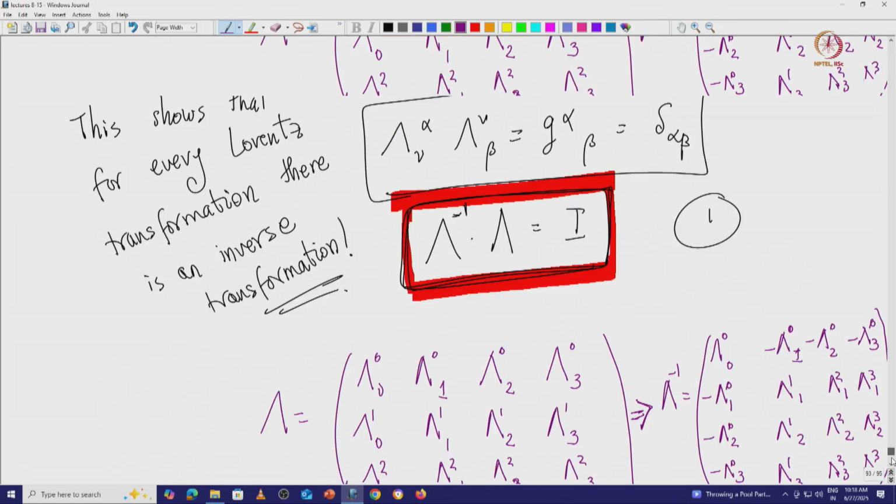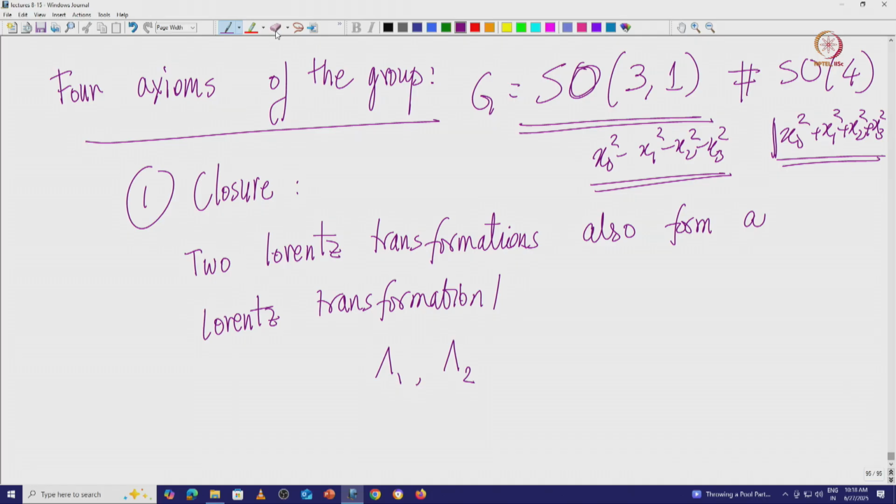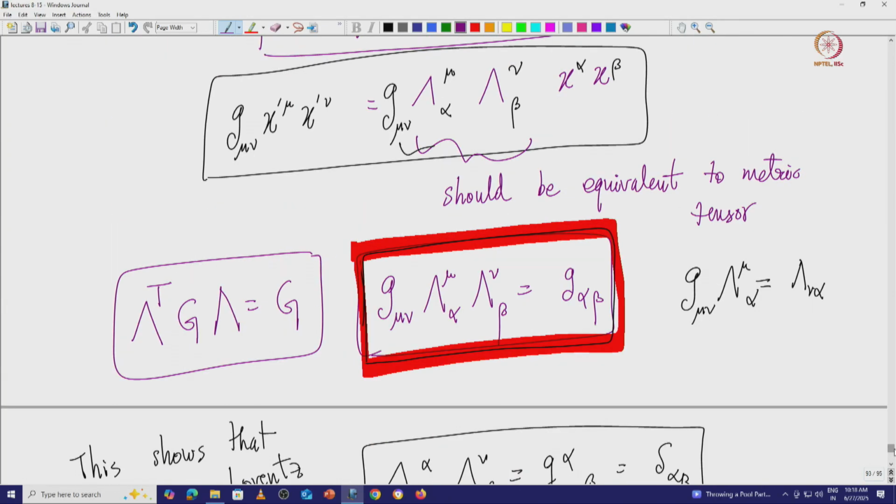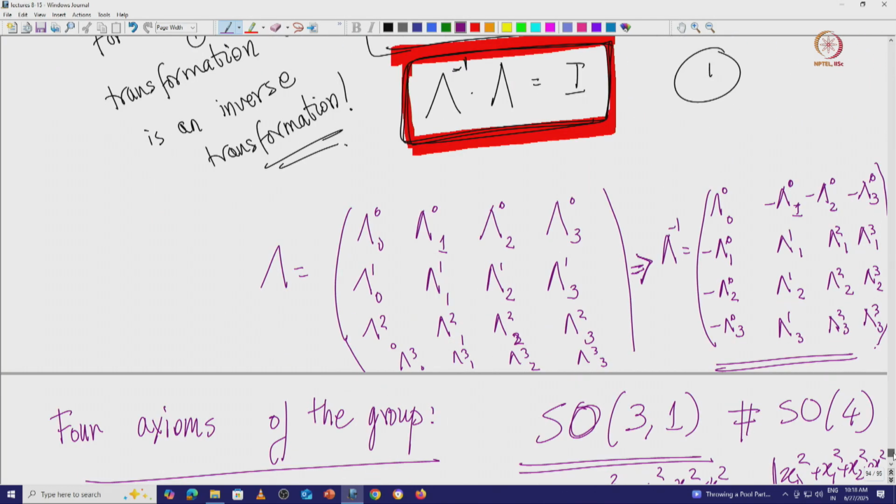I am introducing too many G's, so let me call the group SO31. This condition should always be valid. G is your metric tensor, so the Lorentz transformation should leave the metric tensor invariant. What we have shown is that it is an orthogonal group essentially. The inverse is nothing but the transpose, so that's the reason why we wrote it in this particular fashion.